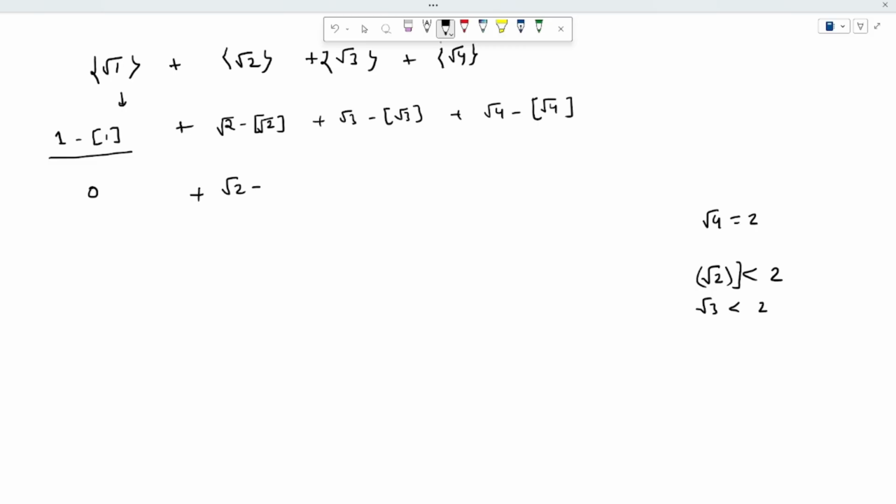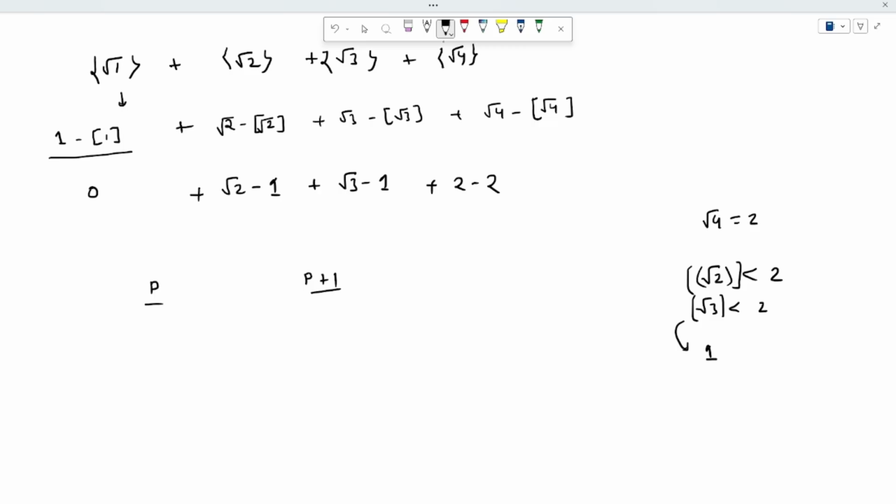If we take the greatest integer of these, it comes out to be 1. So this is root 2 minus 1, this is root 3 minus 1, and this is 2 minus 2, which is 0. We will take integer p and integer p plus 1.